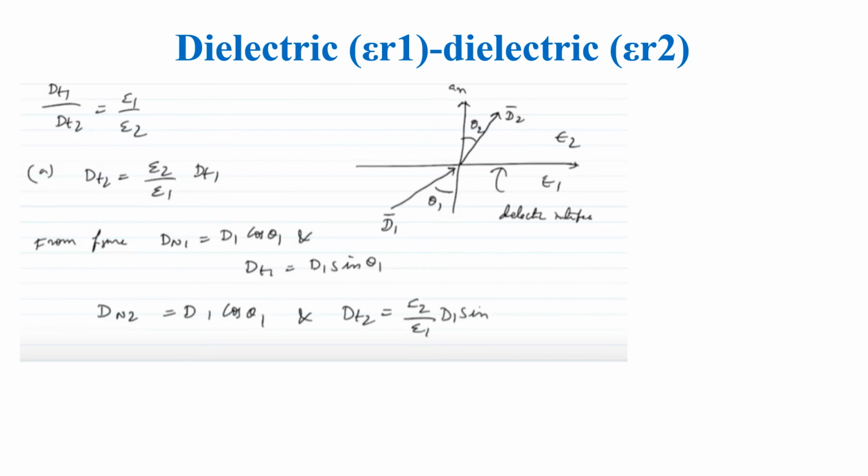So we know that for the tangential component, the ratio Dt1 by Dt2 equals epsilon 1 by epsilon 2. From that we can cross multiply, that is Dt2 equals epsilon 2 divided by epsilon 1 times Dt1.